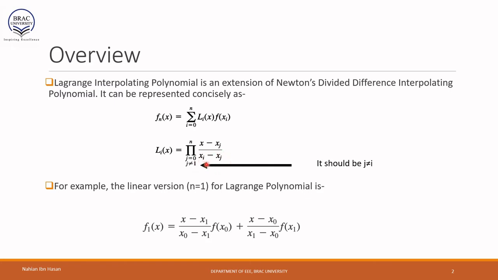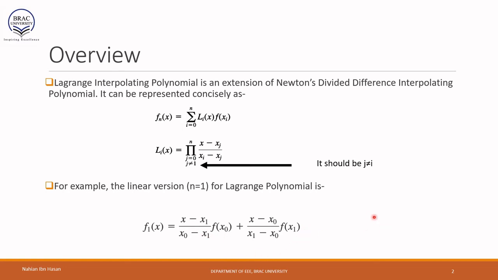As a result, this whole interpolating term would become infinite. That's why xj is never equal to xi. If you calculate the Lagrange interpolating polynomial, it would look like this. This is for the linear version, that means n equal to 1. For n equal to 1, we just use two data points, x0 and x1.